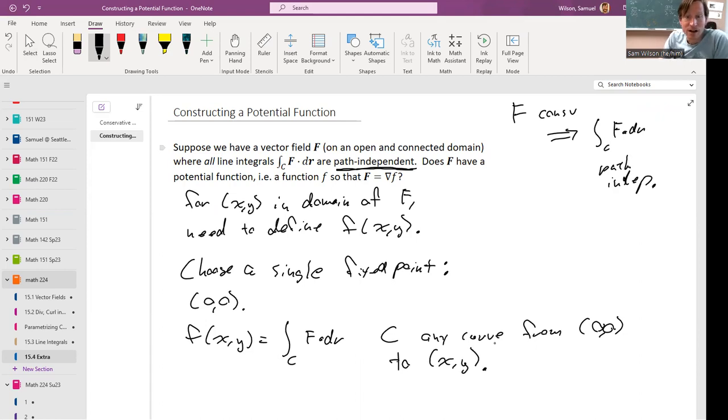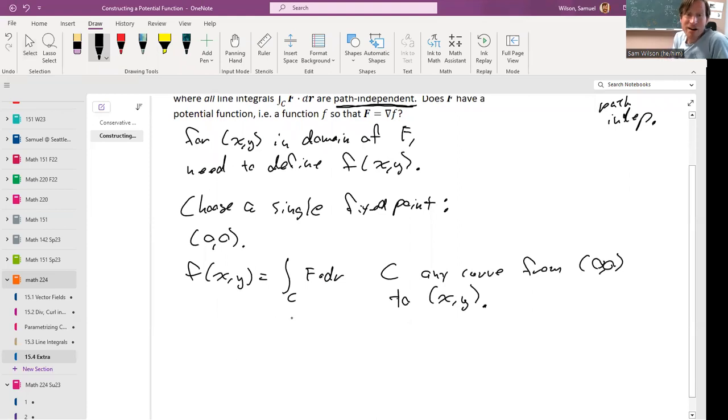Now in general, this would not define a function, because usually different choices of curves would give you different values for this line integral. And so this function wouldn't be well defined.